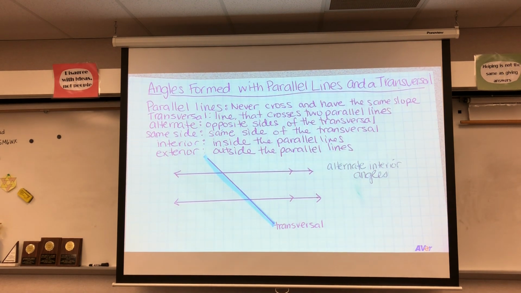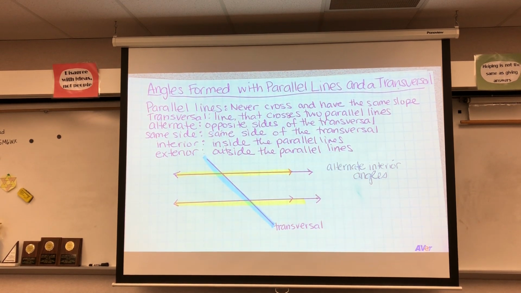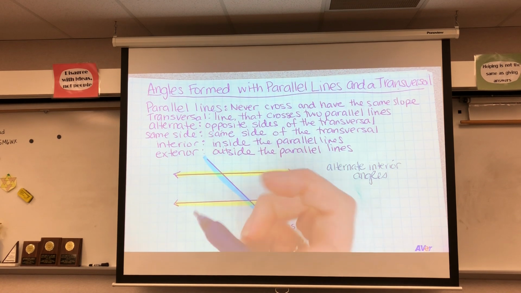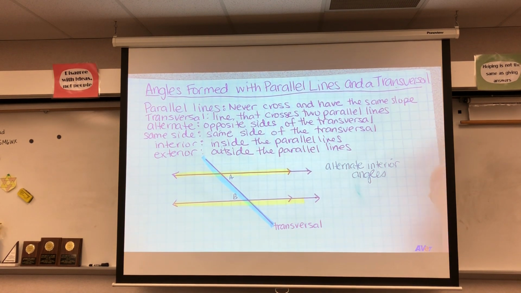So the first thing I want is them to be alternate, which means they have to be on opposite sides, one on the left and one on the right. For the yellow, my parallel lines, the interior needs to be inside. So I need to be on opposite sides of the blue, but inside the yellow. So for example, I could pick A and B.